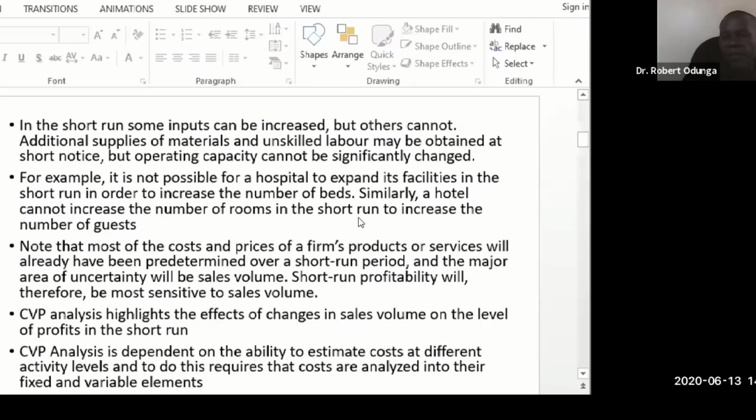You can hire probably on a commission basis when there are peak times, and probably reduce when there are low seasons. So, for example, it is not possible for a hospital to expand its facilities in the short run in order to increase the number of beds.